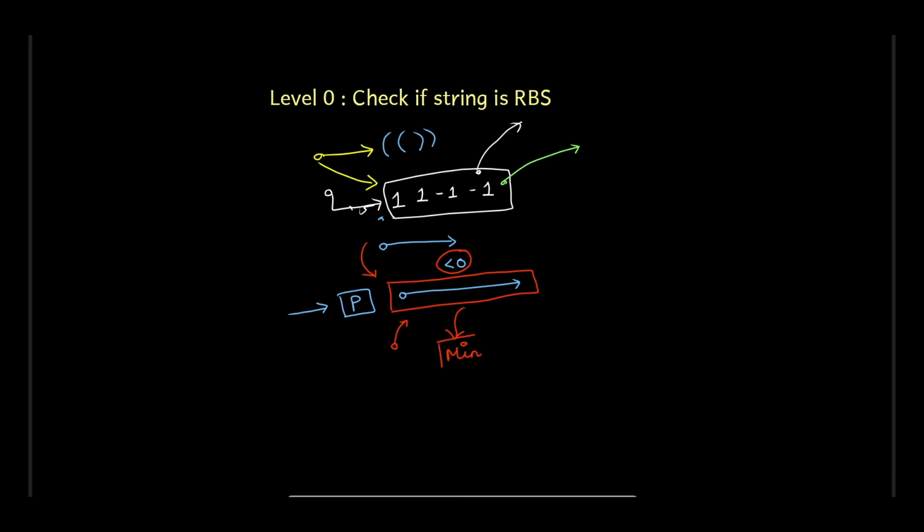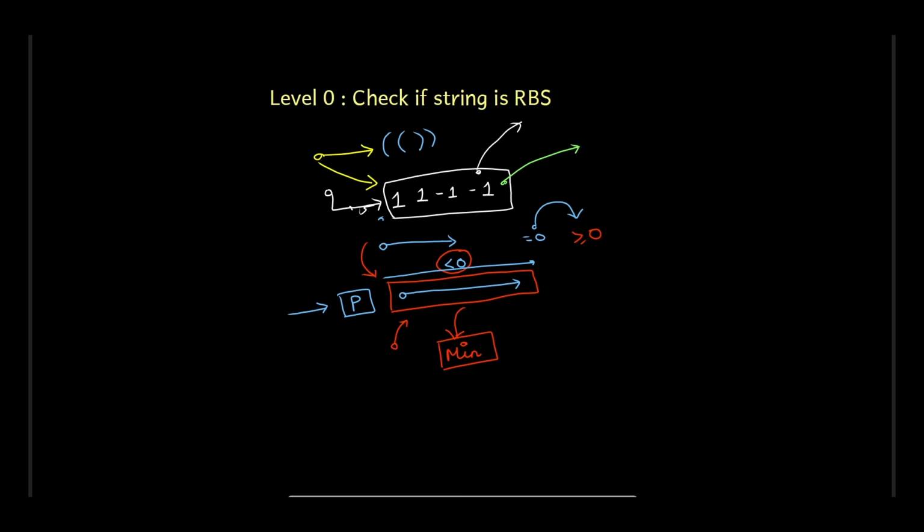If the minima is strictly less than 0, then of course your answer is false. Otherwise the minima has to be greater than or equal to 0. But then you also want the final prefix sum to be equal to 0. But notice that the final prefix sum is also a candidate for the minima.